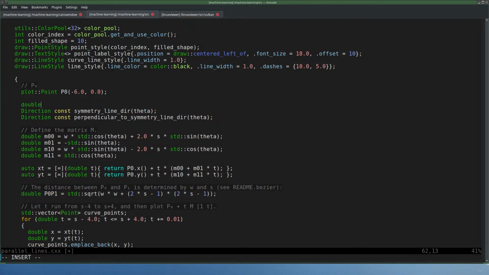So we make a double theta, and then point it up a little bit. It would be pi divided by 12, for example. And this is then my L0 line direction.